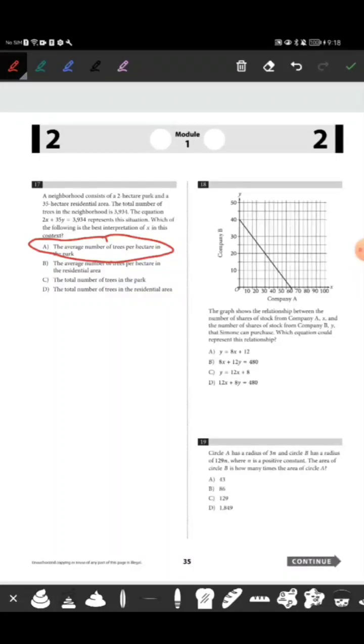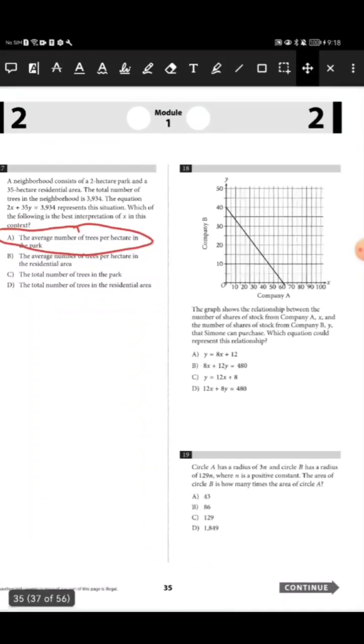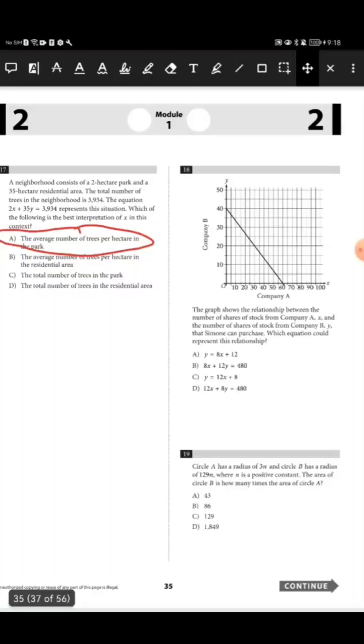So x here represents the number of trees per hectare in the park, which is the average number.